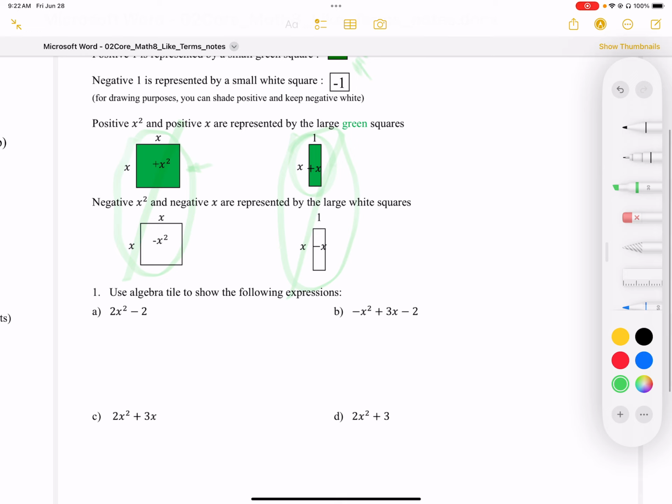So we can show things using algebra tiles. If I want to show 2x squared minus 2, I need to draw two x squared tiles, and because they're positive, I'm going to fill them in.